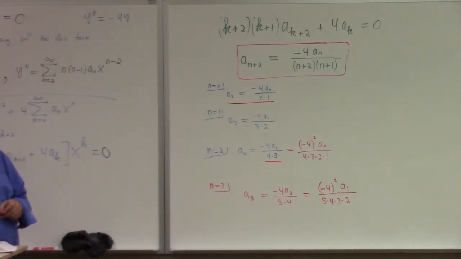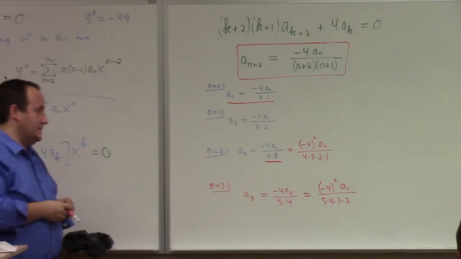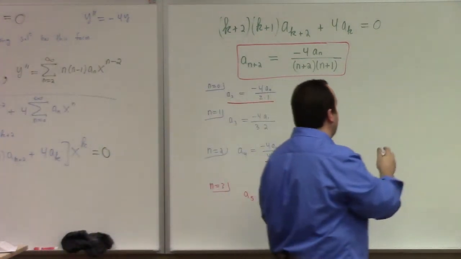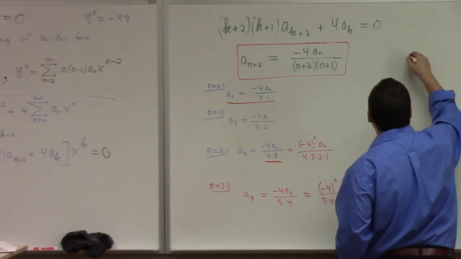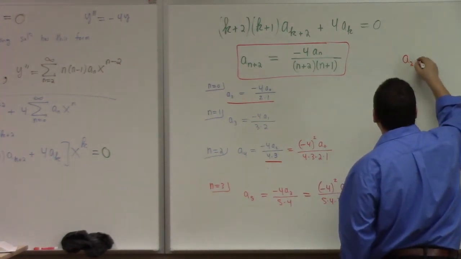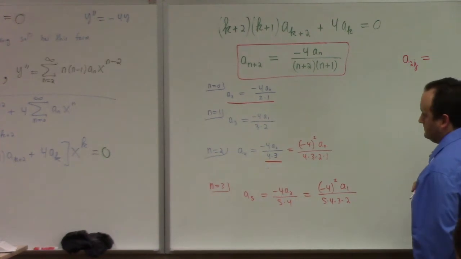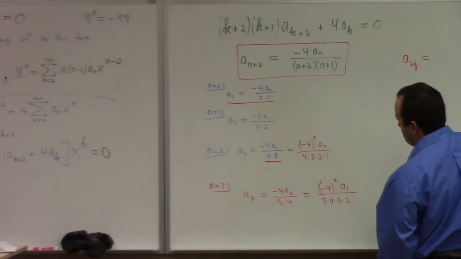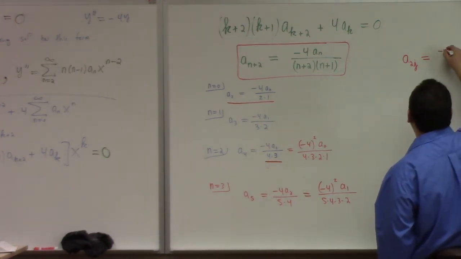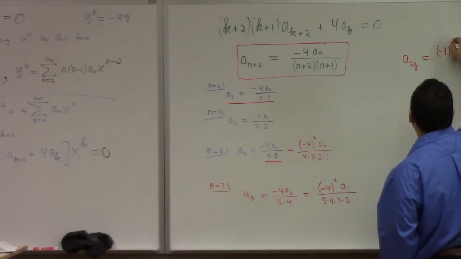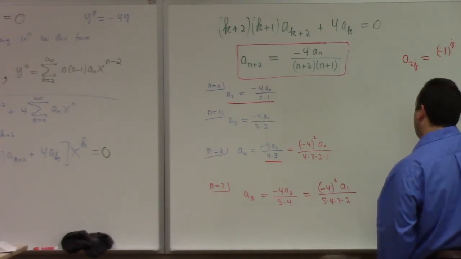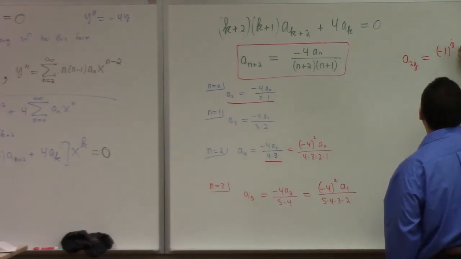You guys see the pattern yet? I'm just going to go ahead and point out the pattern. So from this, I can see that if I have a sub 2j, let's say, what is it equal to? Looks like minus 1 to the j times 4 to the j, right?